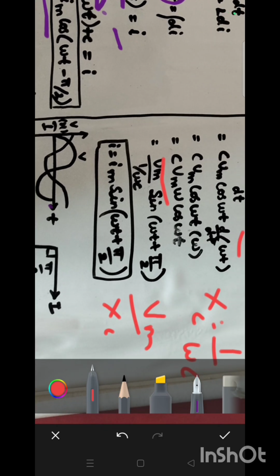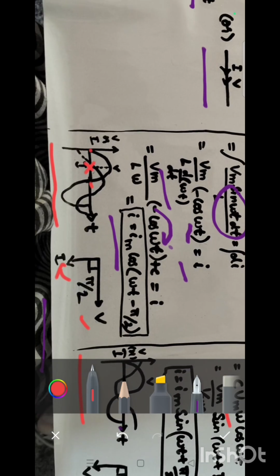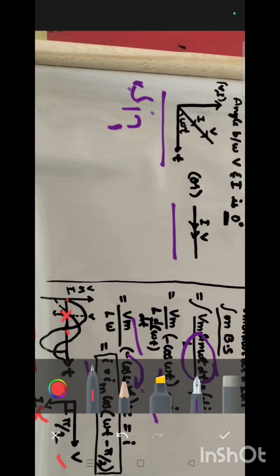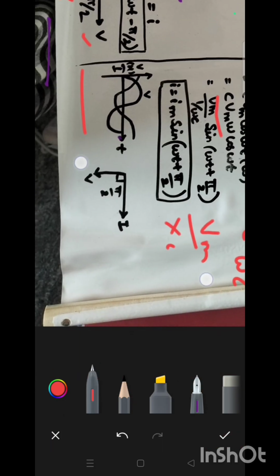Here current leads voltage by pi by 2, or it leads voltage by 90 degree. So cos omega t is positive when sin omega t plus pi by 2. This is also another condition. So we see the sinusoidal graph here, which is t versus voltage or current. Here also it is t versus voltage or current. Here it is t versus again voltage and current. It represents both.